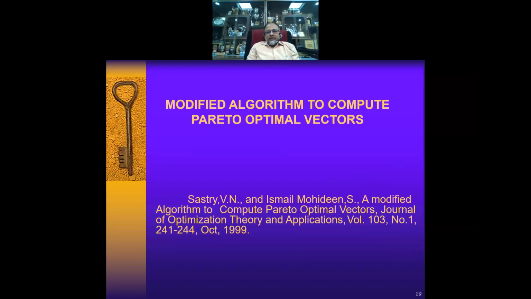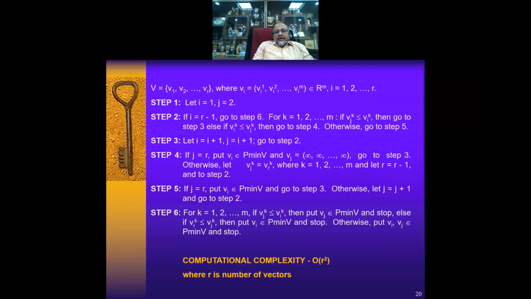Now there are many recently developed algorithms and modified algorithms. I am not going to explain all those things. Modified algorithm to compute Pareto optimal vectors. What are Pareto optimal vectors? I have explained how to find non-dominated vectors. But through computers, by developing software, how to find Pareto minimum vectors? Dr. Sastry, Ismail, Mohideen developed an algorithm in 1999, in order of R square, where R is the number of vectors.